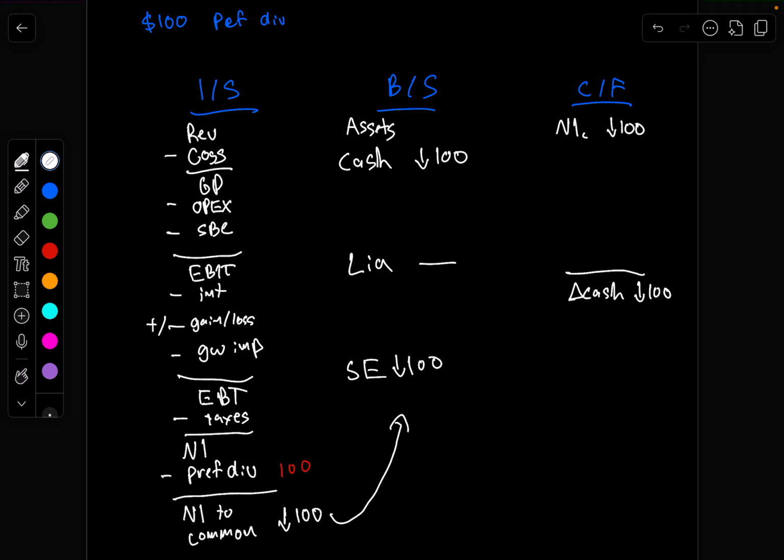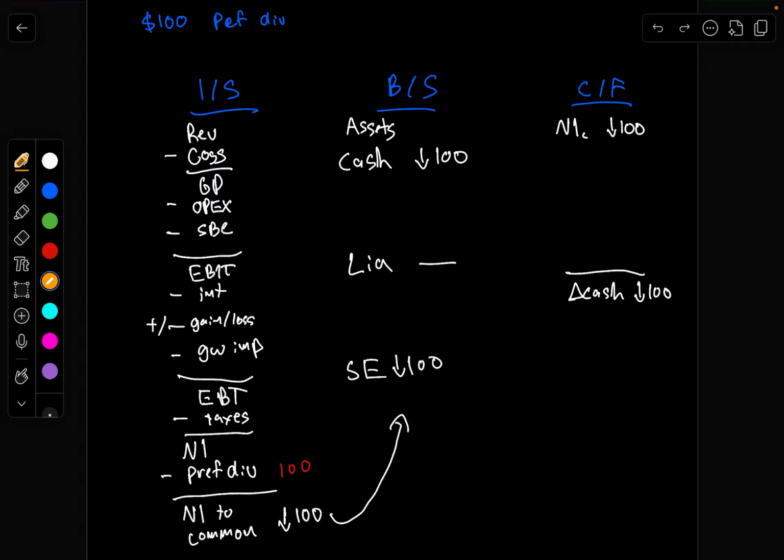Because they're preferred, they have a higher seniority. So because of that, our net income to common is adjusted down dollar for dollar, and that means our common shareholders' equity also is adjusted down by 100.